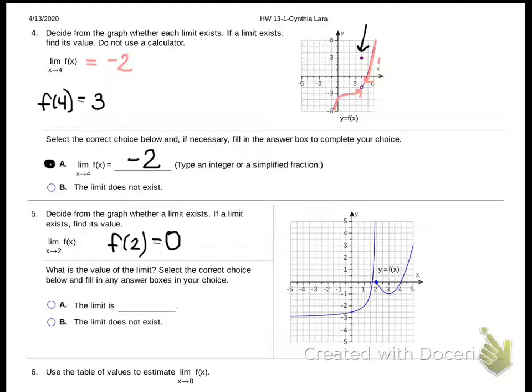So the limit of f of 2 on the left, it looks like there's an asymptote. It actually goes up towards infinity. That's from the left. From the right, the closer we get to 2, is 0. Those do not agree, so the limit does not exist.